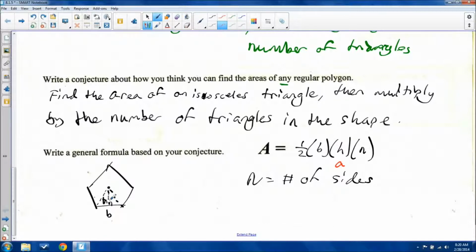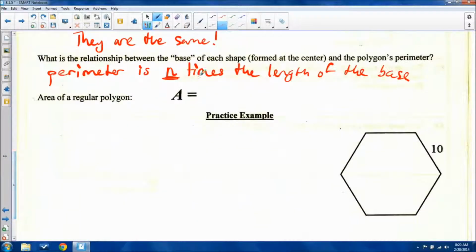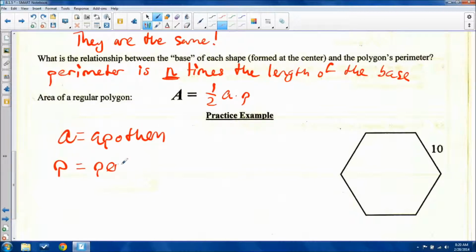Base times the number of sides, base times 1, 2, 3, 4, 5, is the perimeter. So instead of b and n, let's use perimeter, p. So now our area is 1/2 apothem times perimeter. So the area of a regular polygon is 1/2 a times p, where a equals the apothem and p is the perimeter.